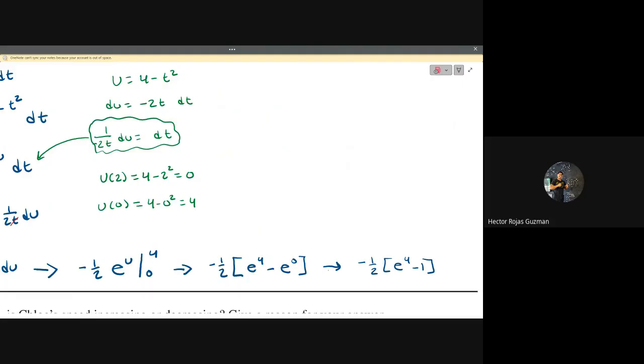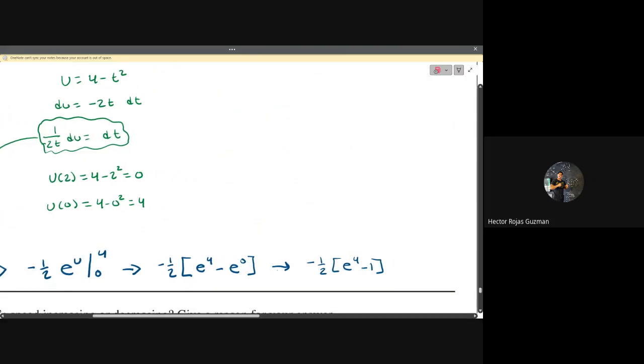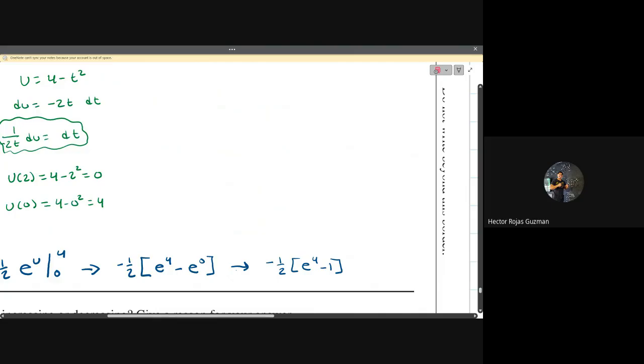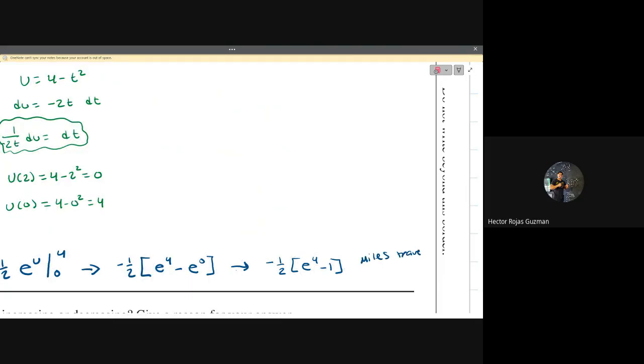You can leave it like this, or you can distribute the negative 1/2. Either way, it's not going to make a difference. But this represents the miles traveled by Chloe from t equals 0 to t equals 2.